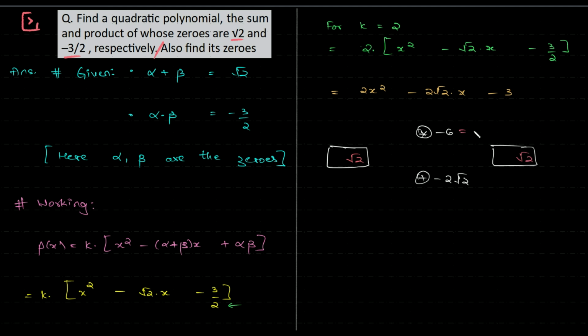So this can be written as minus 3 root 2 and plus root 2. We can concentrate on 3 and 2: when we multiply, we should get minus 3, when added, we should get minus 2. One has to be negative and the other positive. The bigger number is negative because when added, we should get negative.